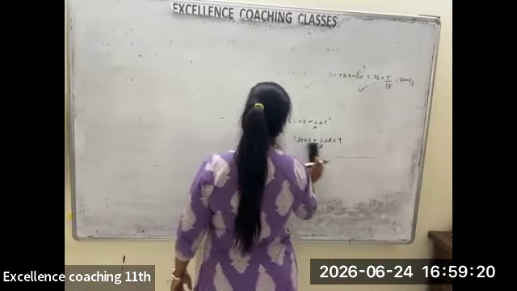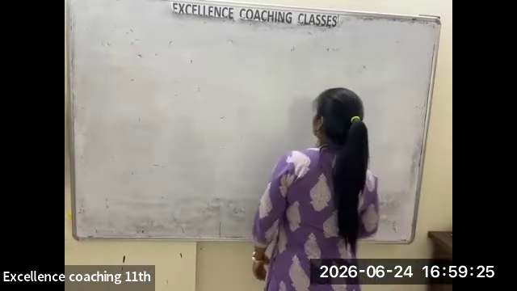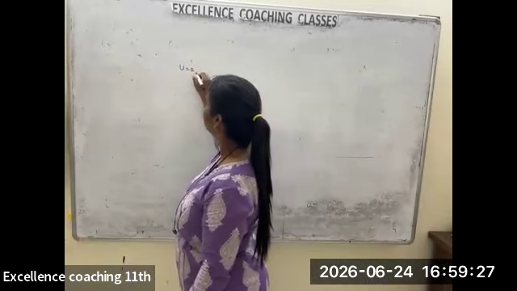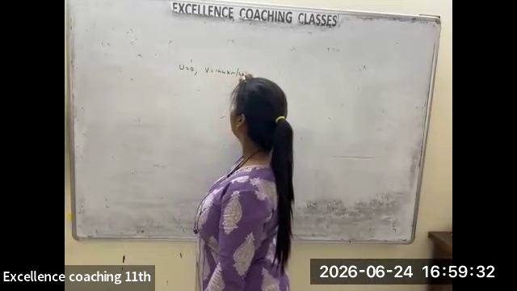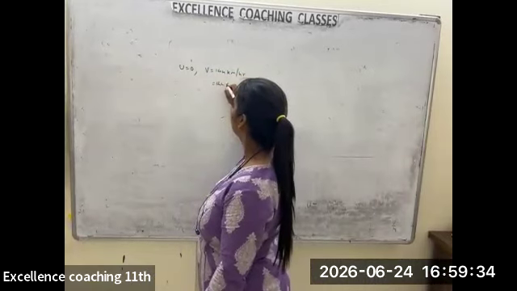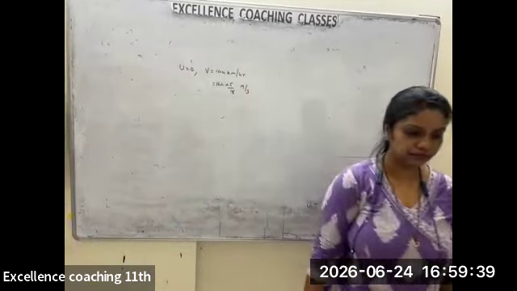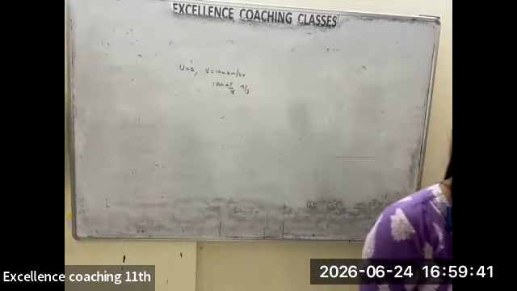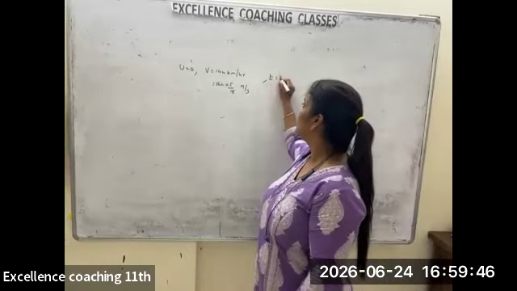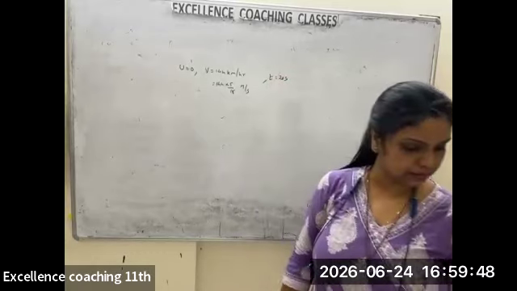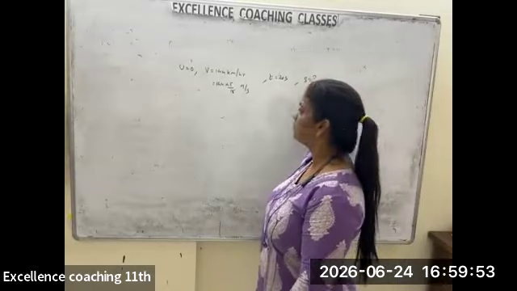If it is not in SI unit, you have to convert it into SI unit. So initial velocity is 0. Final velocity is 144 kilometer per hour. So convert it into meter per second first. In how many seconds? T equal to 20 seconds. Calculate the distance traveled by the car. Find out S. Solve it.